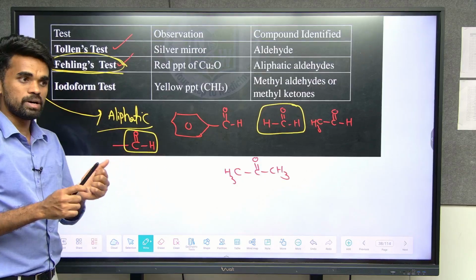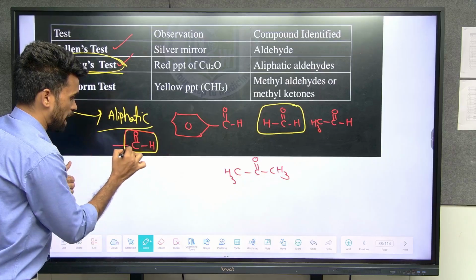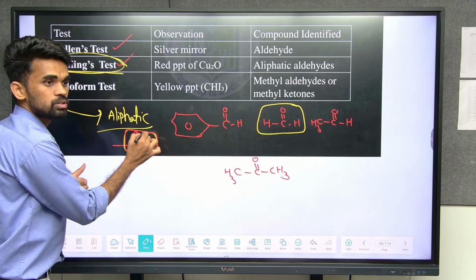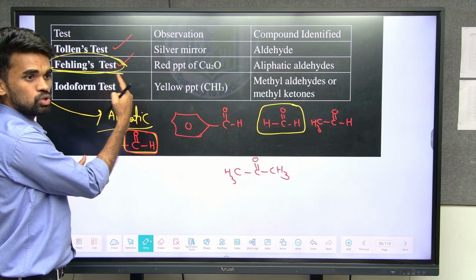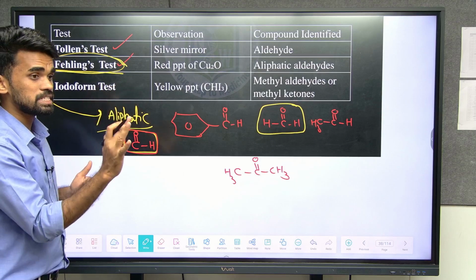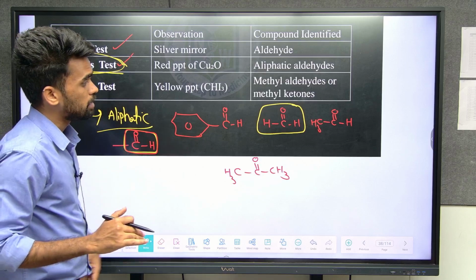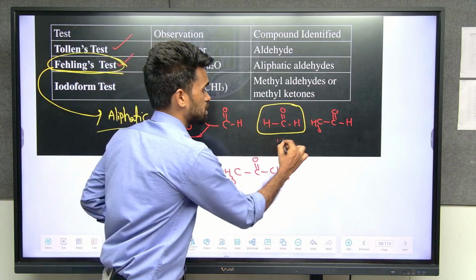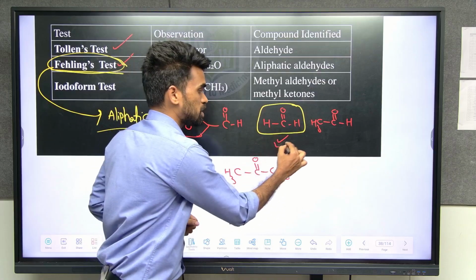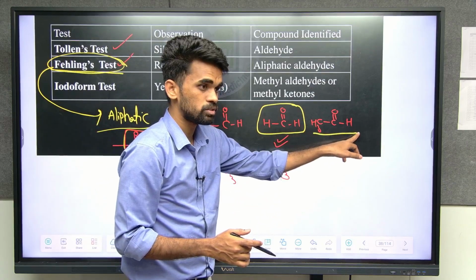Yes. Remember, any compound that contains this fragment can show Fehling's test and Tollens test. Again, Fehling's test is given only by aliphatic, not by aromatic aldehydes. Now tell me whether this compound gives Fehling's test or not. Yes. Tollens test: all types of aldehydes give Tollens test. Now tell me whether this is an aldehyde or a ketone.